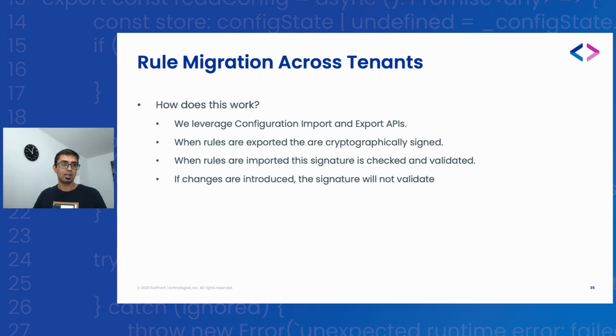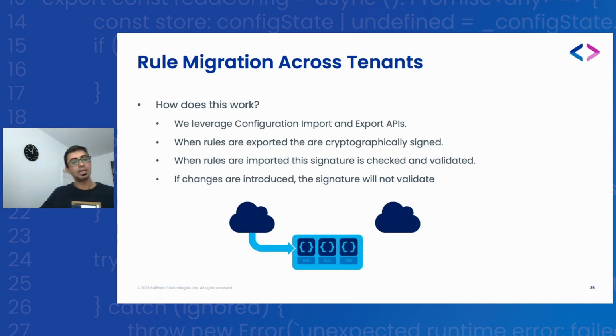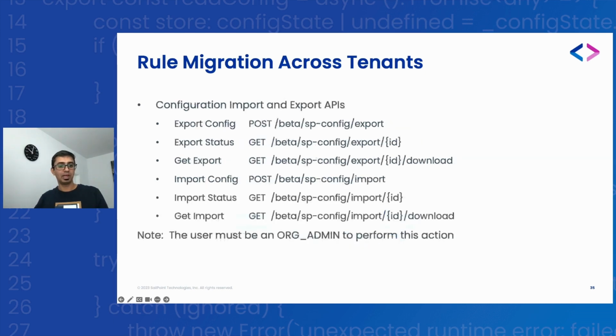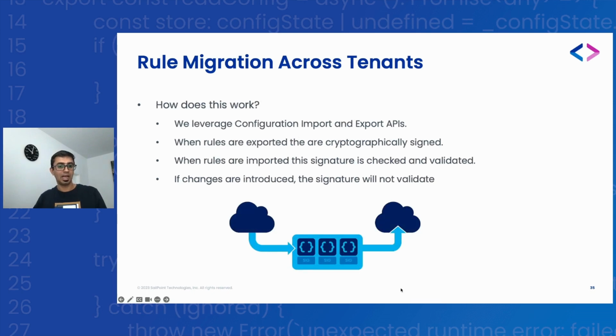That will allow the rule to be imported in the new tenant. But if the rule is modified for some reason, then the import will fail. So these cloud rules need to go through the review process. As I said, once we export the rules, a hash is created, and once we import, we validate that hash.